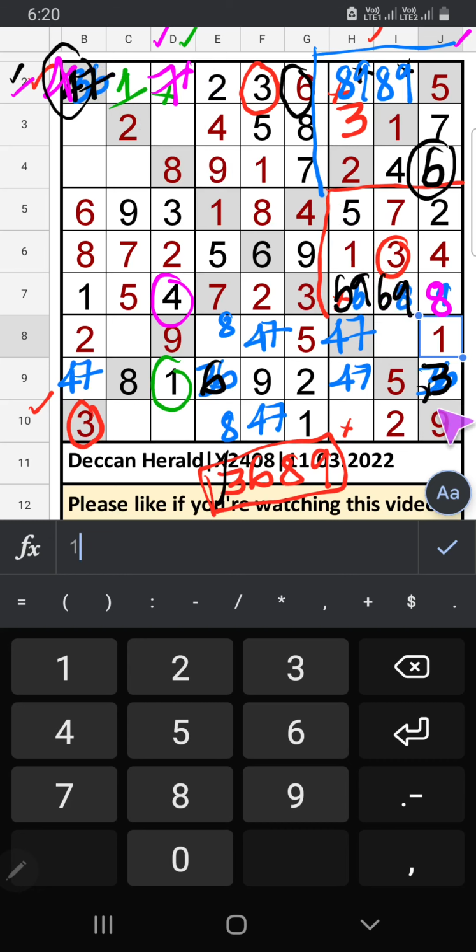This diagonal, only one number is remaining, 7 is confirmed here. Column B, we have 4, so 4 can't come in the cell, 4 is confirmed here, then 7 is here.